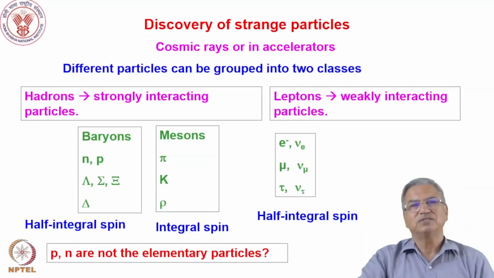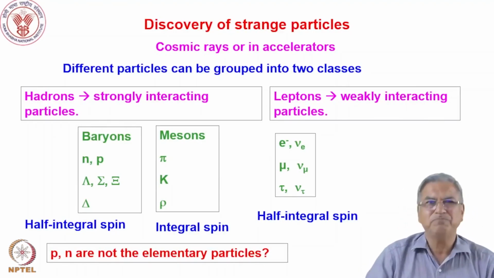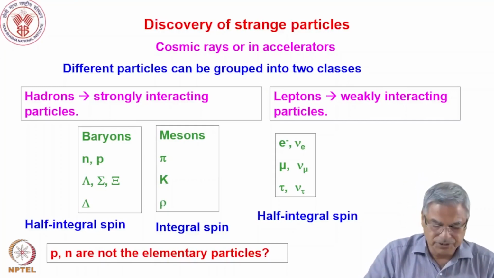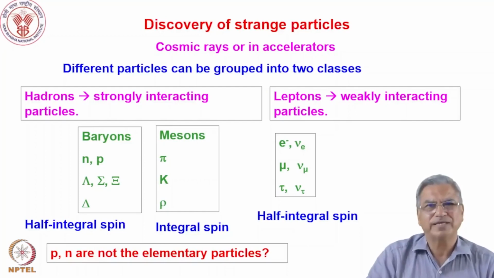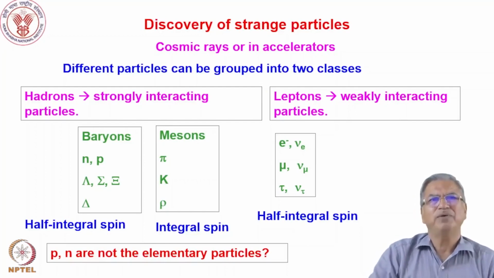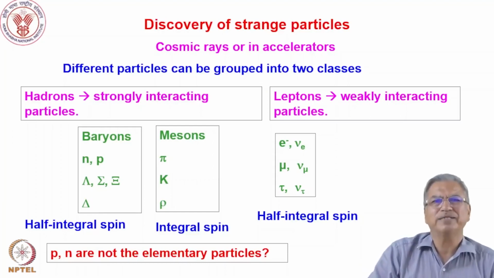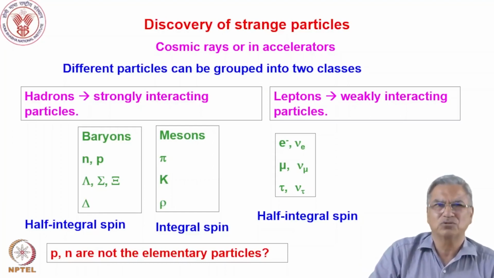Now, I just told you that the proton, neutron and electron are elementary particles. Till the early 1930s, it was all very well accepted. So we can say that the types of particles of which any matter is made are proton, neutron, and electron.